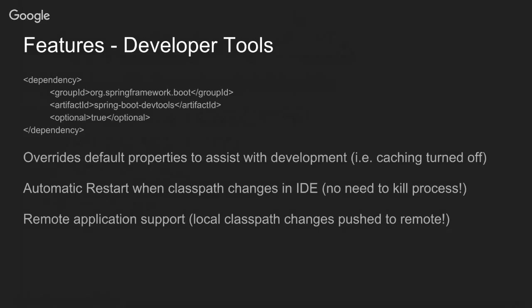Another interesting feature that I never actually used, but I could see where it is useful, is if you are developing a remote application and you set things up properly with Spring Boot and the developer tools, you can connect to that remote application.